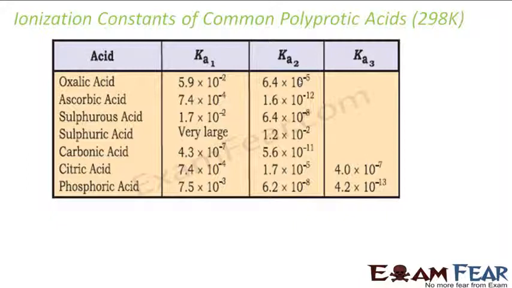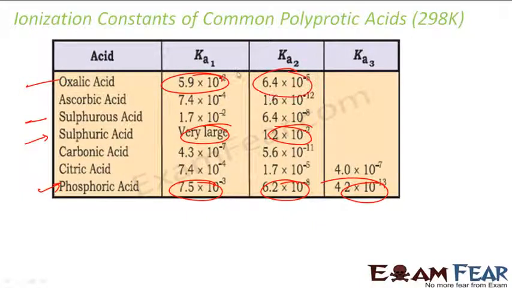There's a table for this. For example, phosphoric acid has 3 Ks, K1, K2 and K3. Sulfuric acid has K1, K2. Oxalic acid, K1, K2. So it can have K1, K2 or K1, K2, K3, depending on the number of ionizable protons it has.